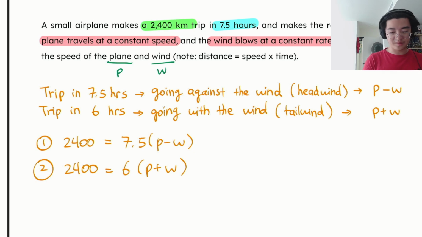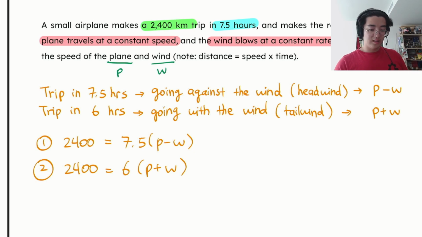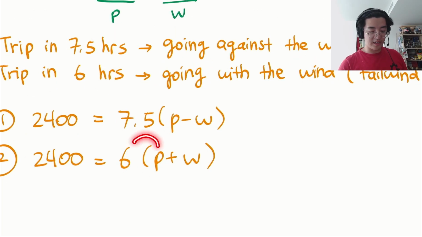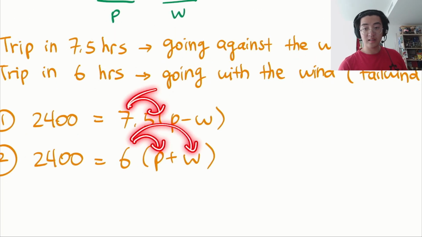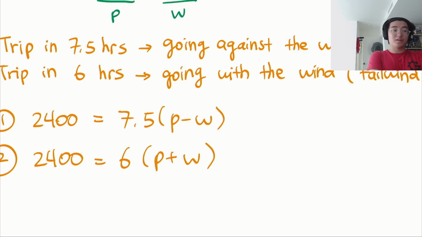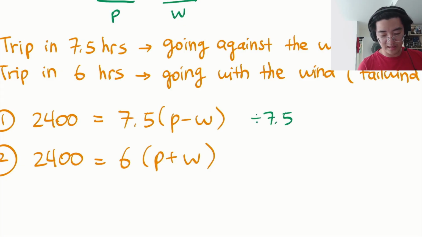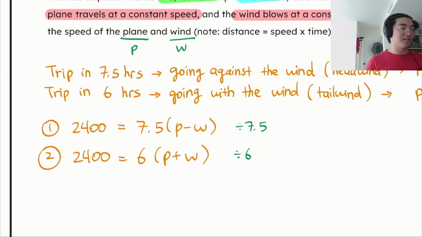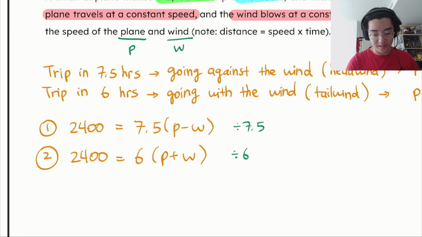Okay, how do we solve this? What we could do is expand the bracket out, and then do all the elimination or substitution. But alternatively, we can just divide everything by 7.5 and then 6 for those two equations.